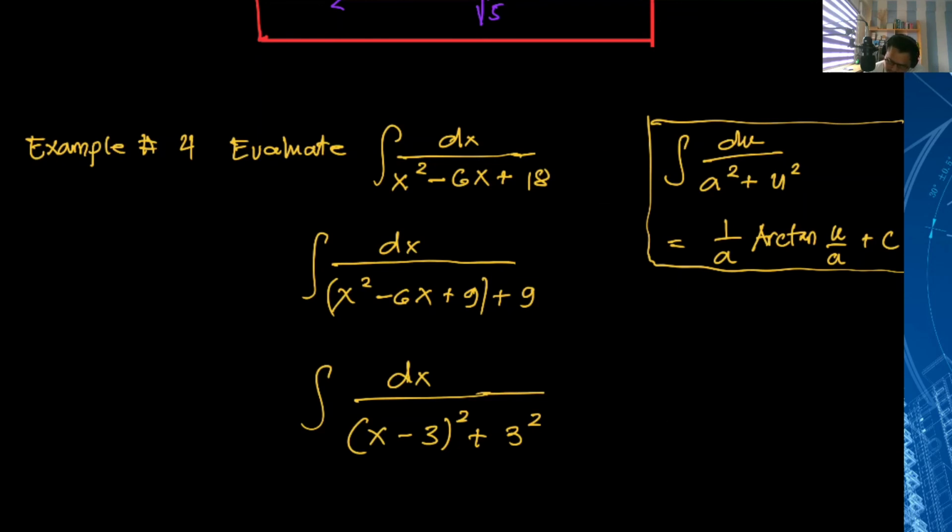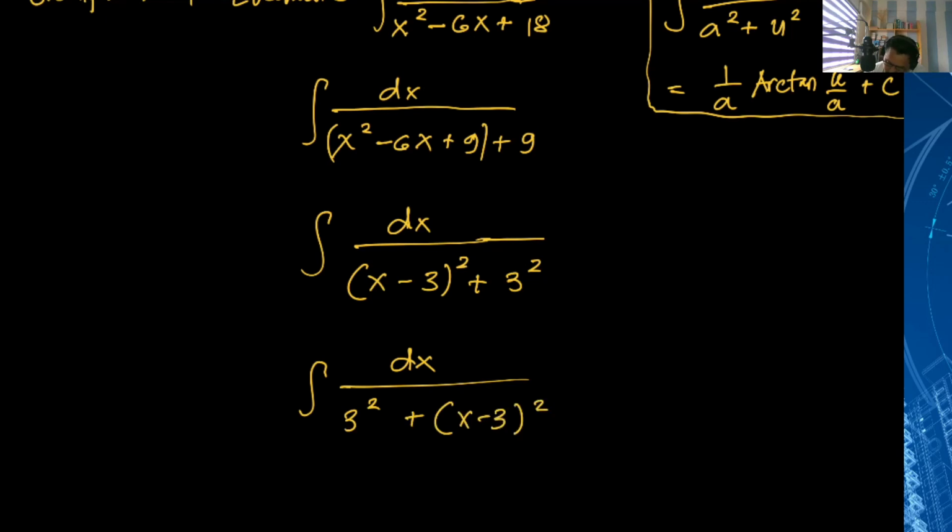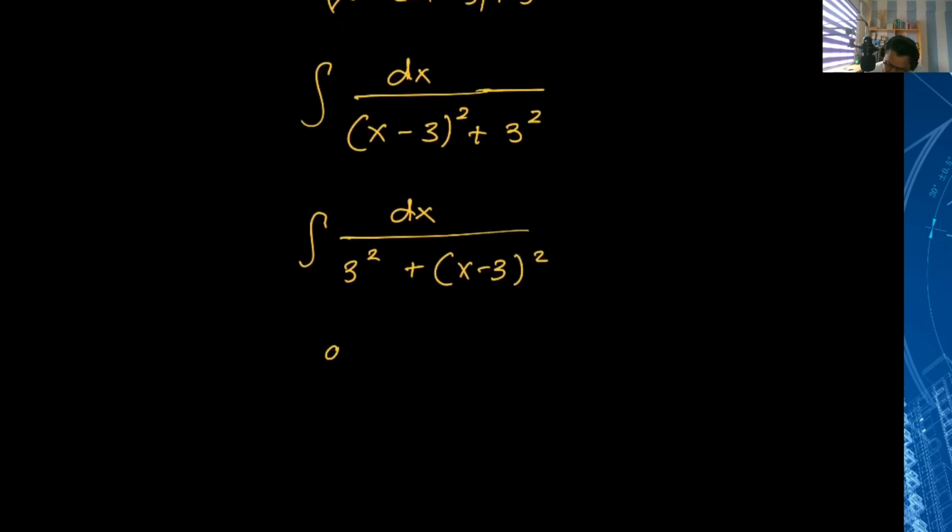Okay, so let's interchange. Our a here is equal to 3. Our u equals x minus 3.